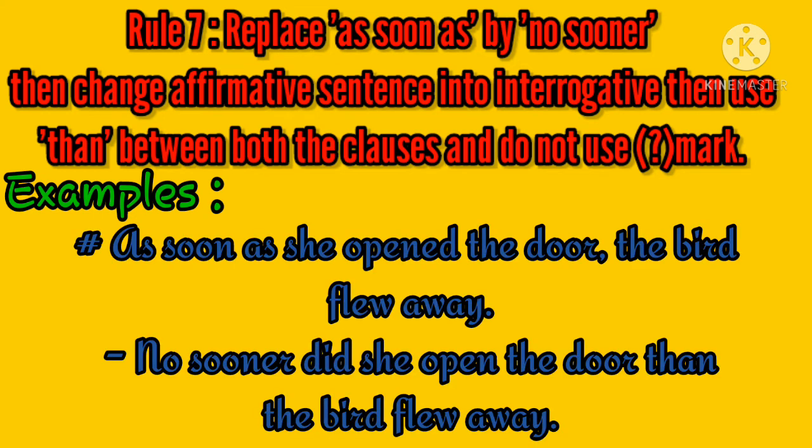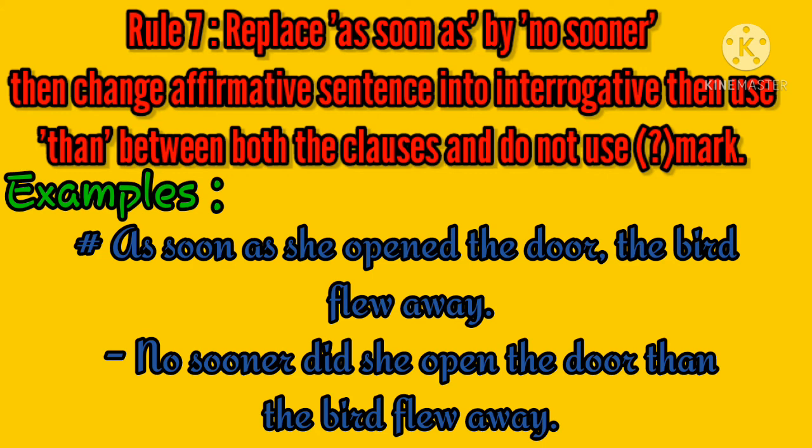Alright. Next example. As soon as she opened the door, the bird flew away. Again, remove as soon as and keep no sooner at the starting. Afterward, the open is in past tense, so we have to put did after no sooner.